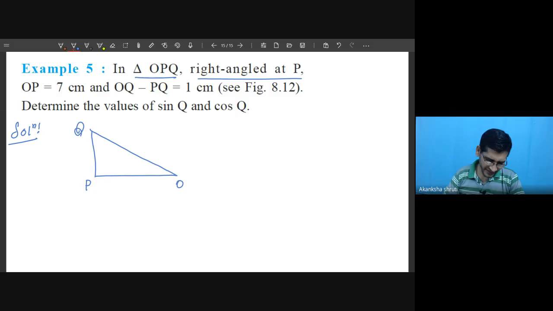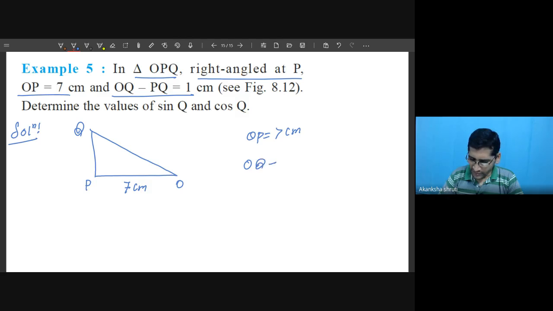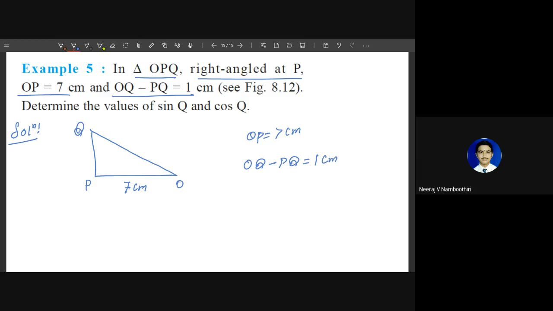Okay. Now it is given that OP is 7. Plot it here. This is our 7 centimeter. Right? OP is equal to 7 centimeter. The other is the relation itself is given, OQ minus PQ. हाँ बोलिए Sir, sin Q equal to 7 by 26 or cos Q equal to 25 by 26.